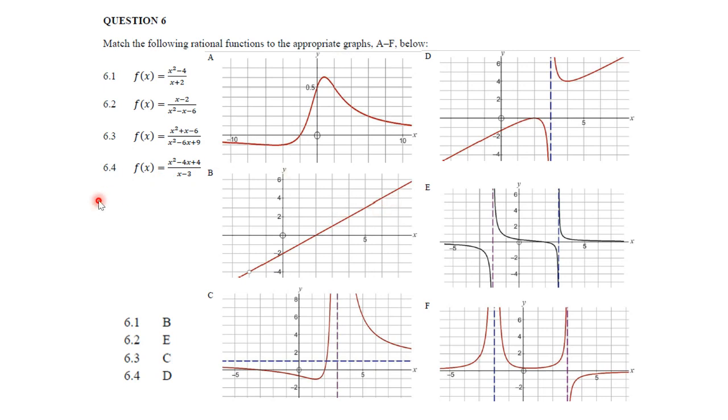Oh no, there actually are more than one graph. So let's have a look at this one here. The fourth graph also has a vertical asymptote at x equals 3. Because it's top heavy, I would have an oblique asymptote.